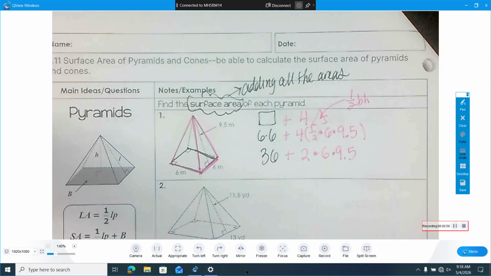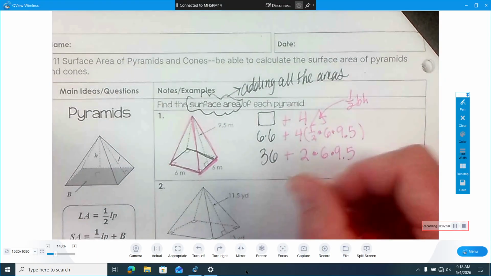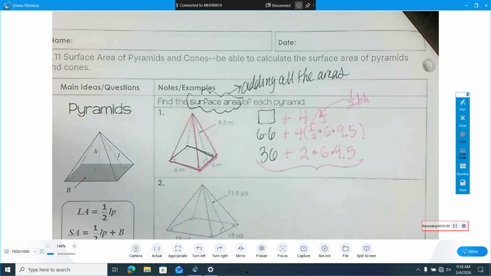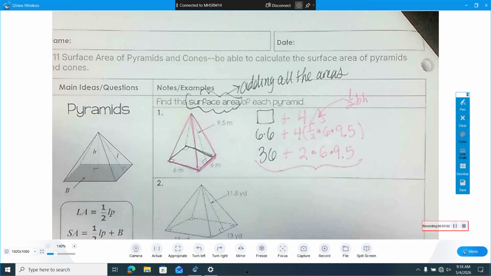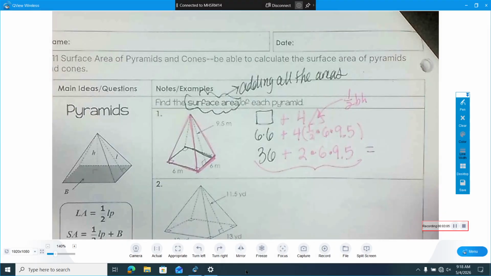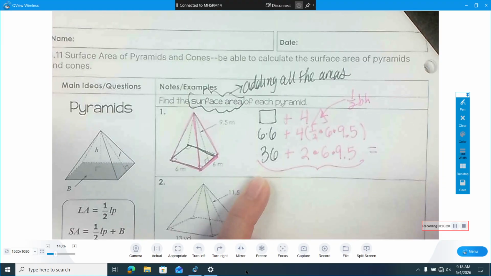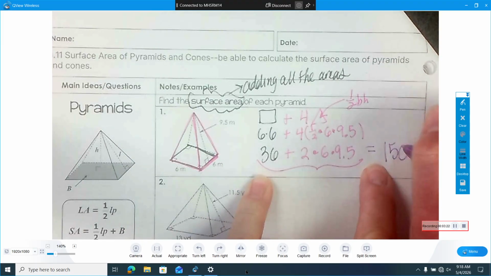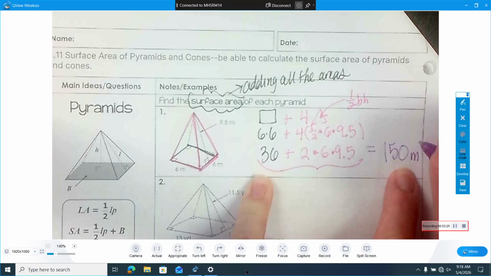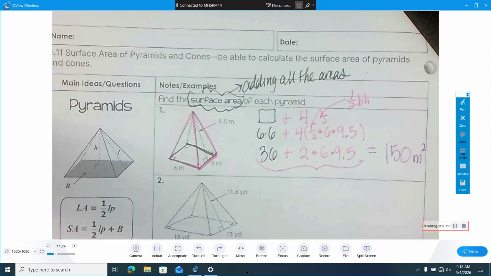That's me just cleaning it up a little. You can put this whole thing in your calculator, plus 36. 150 meters squared.